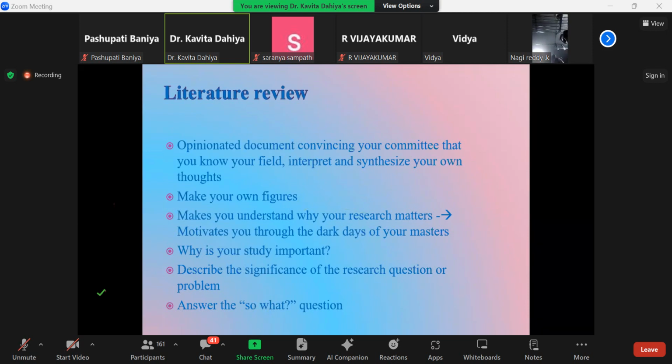Why is your study important? Because you are trying to fill the gap that is available, and describe the significance of the research question or the problem you are trying to answer, so what the question is.